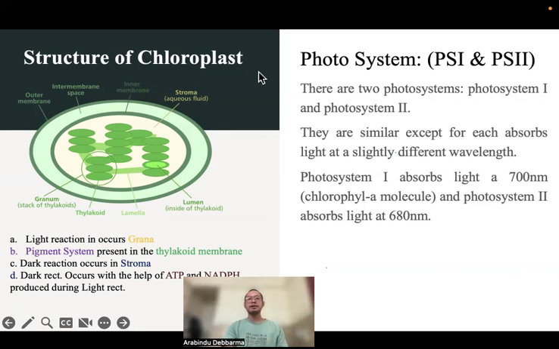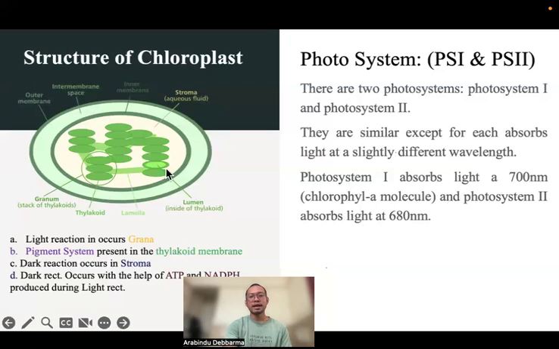It is in the thylakoid membrane where photosynthesis exactly occurs, because in this membrane there is the presence of photosystems. In plants, especially in the thylakoid membrane, there are two photosystems called photosystem 1 and photosystem 2.